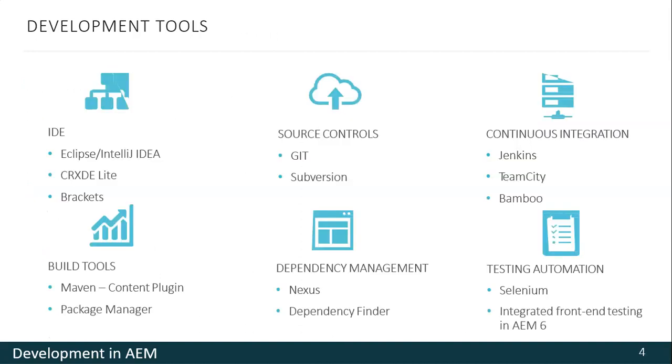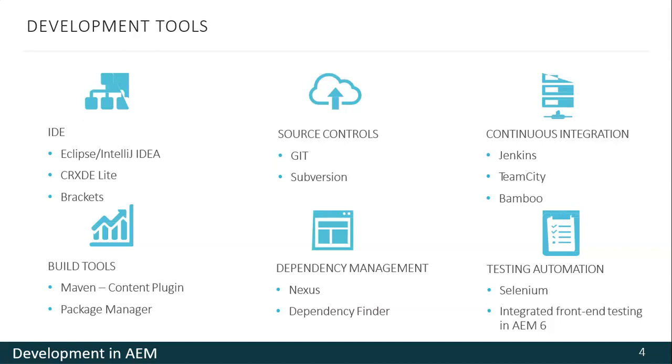On this slide, you can see the main development tools for AEM. Most of them are standard tools with few configurations. IDE selection has CRX Lite or Brackets, which do not come for Java projects.